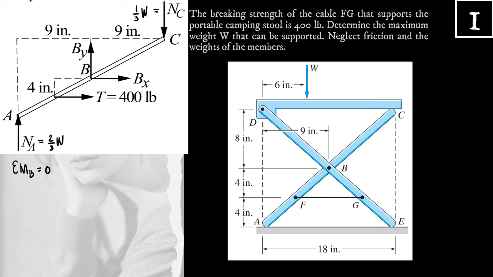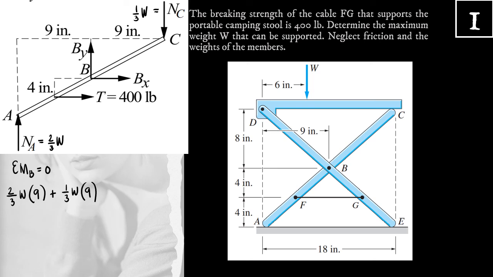For NA, it tends to rotate clockwise about point B with a moment arm of 9 inches. So that is positive NA in terms of W, 2/3 W times 9. For NC, it also tends to rotate clockwise about point B with a moment arm of 9 inches. So that is positive NC, which is, in terms of W, 1/3 W times 9.